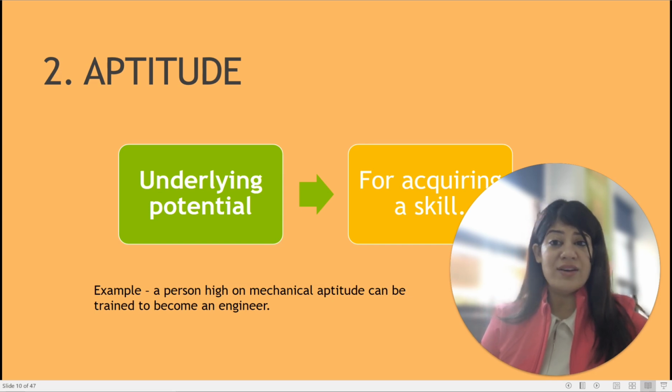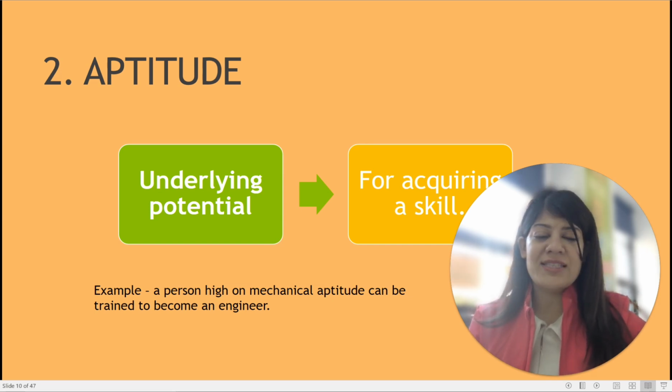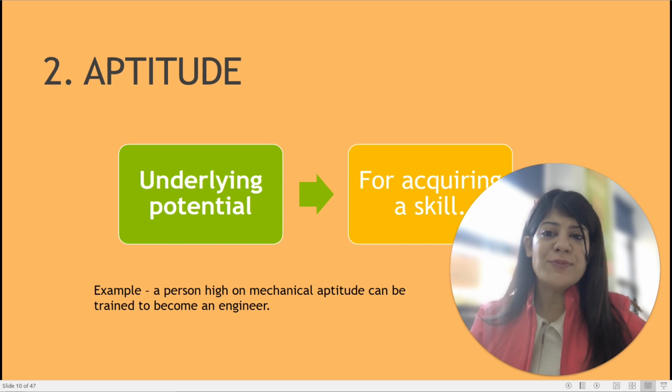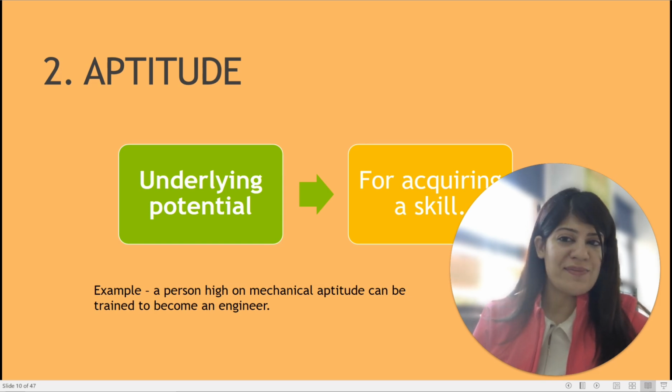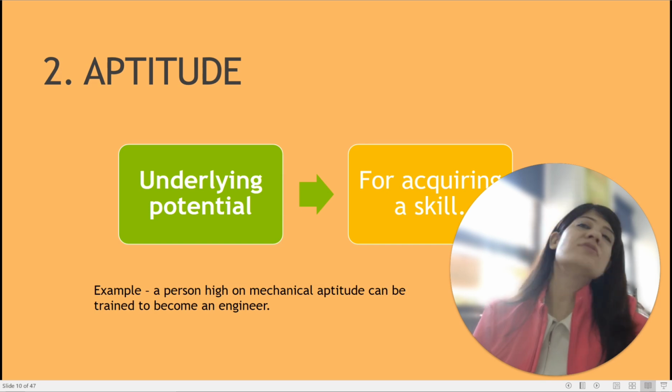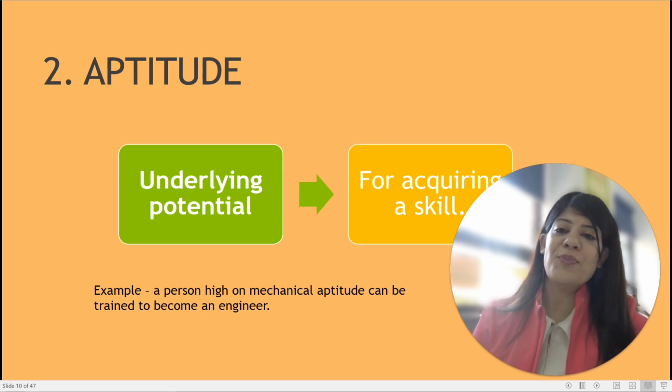It's the way our brains are hardwired, or the genetics, would I say, passed on to you. Aptitude predominantly determines whether you're going to be great at something you wish to choose. These tests are very carefully developed and built, and they help you determine what would help you prosper at the thing you're choosing to do, or at acquiring a particular skill.